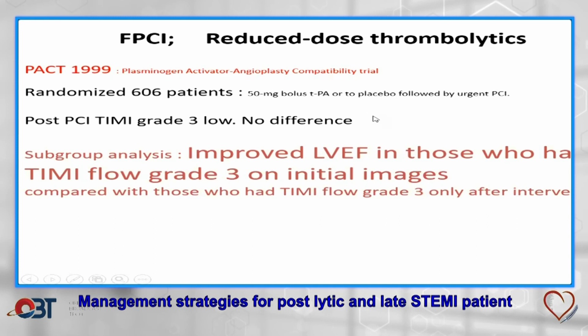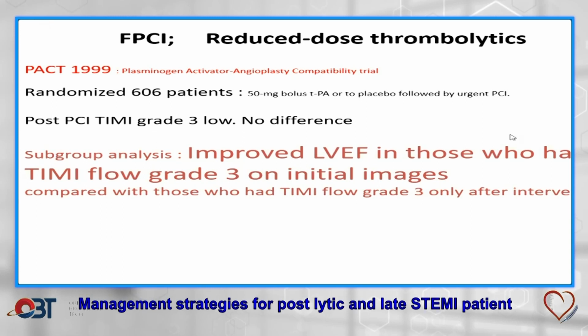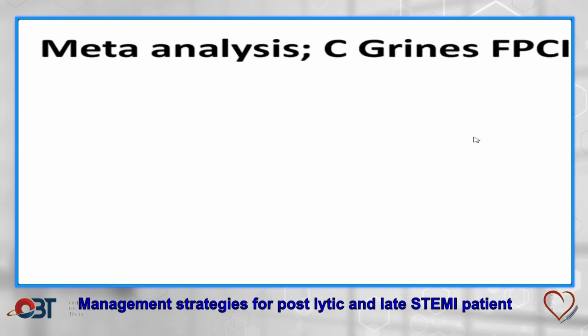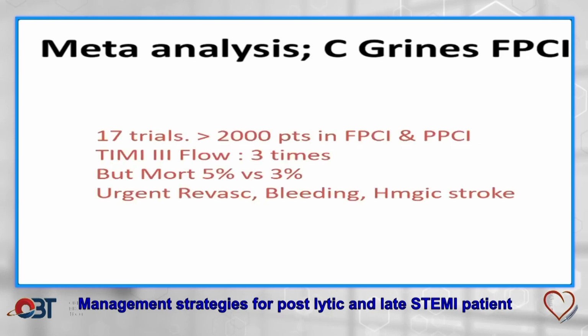Again, the ASSENT trial was done, and again there was better TIMI flow, but LV ejection fraction was no different. So a meta-analysis was done by Keeley at that time in JAMA, and to give the broader number, mortality was actually no different other than bleeding and hemorrhagic stroke.